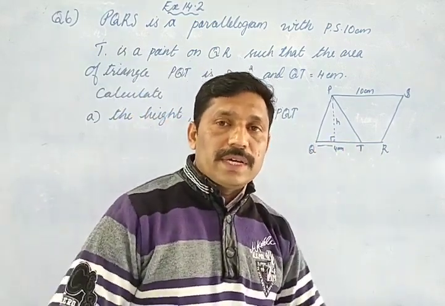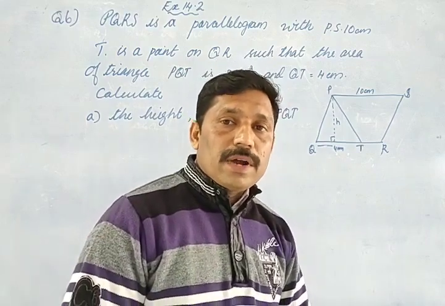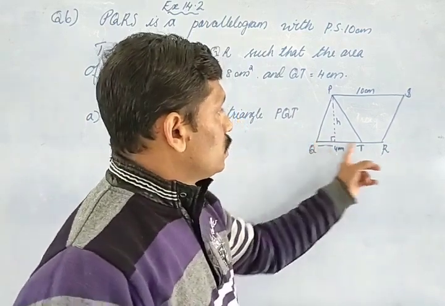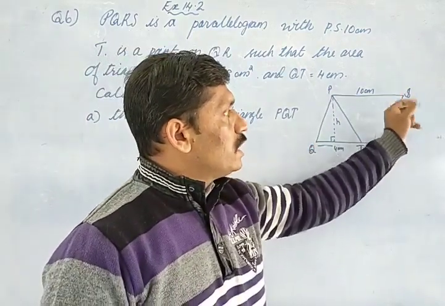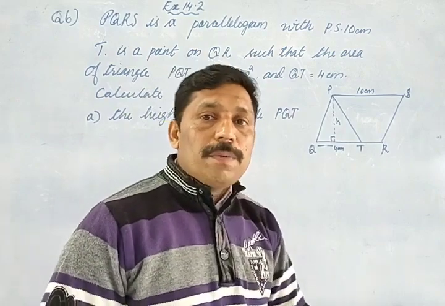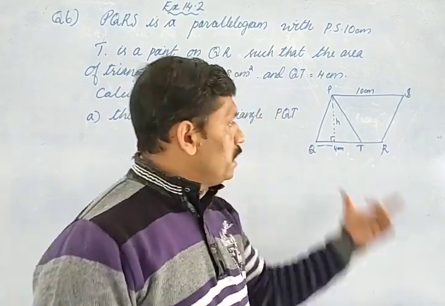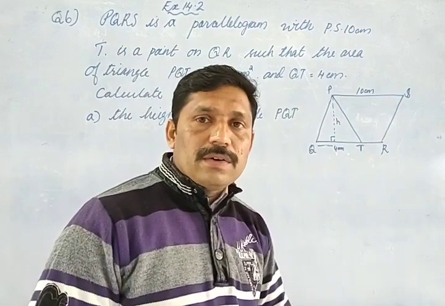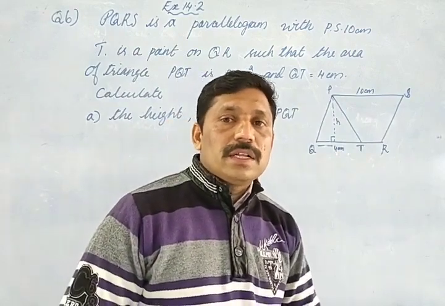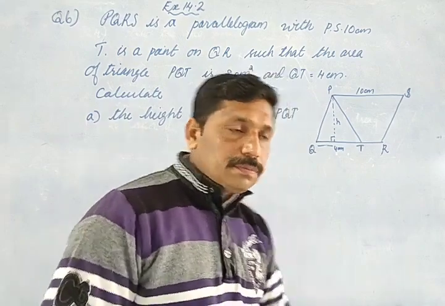After finding the height, we can find the area of the parallelogram, because area of a parallelogram is base into height. If PS is 10 centimeter, QR is also 10 centimeter, because in a parallelogram opposite sides are equal. So the base is 10 centimeter, and once we find the height, we find the area. So first of all, let us find the height of this triangle PQT.